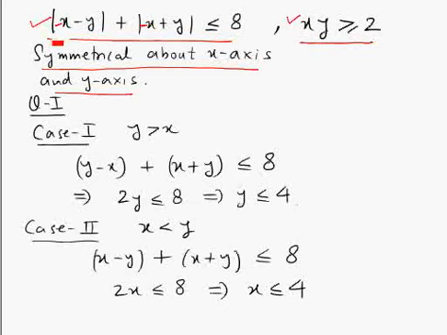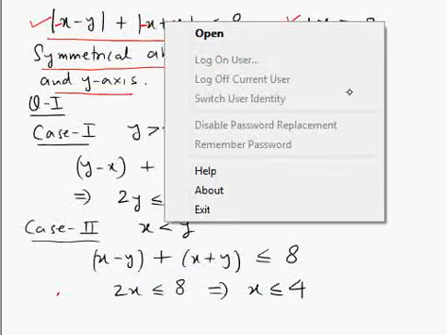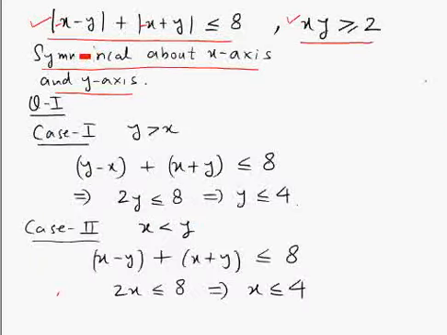I take minus common, it becomes mod of x plus y, and if I take minus common from the other side, it becomes mod of y minus x. So you can see mod of x minus y. This term becomes this term and this term becomes this term. So there is no change in this inequality. Similarly, if we replace y by minus y, there's no change in this inequality.